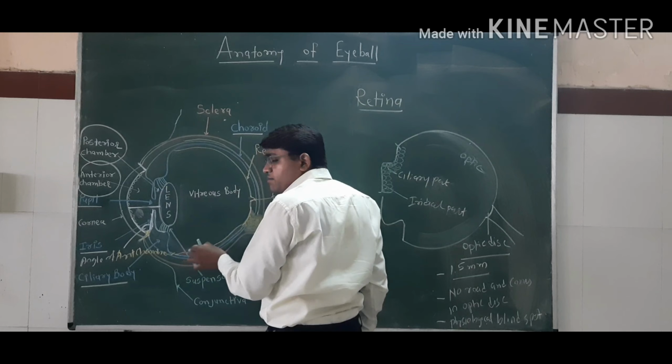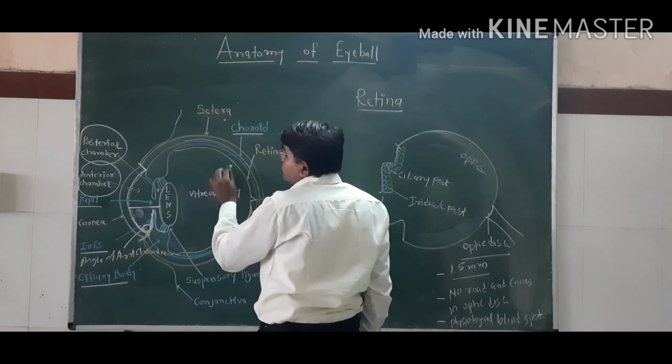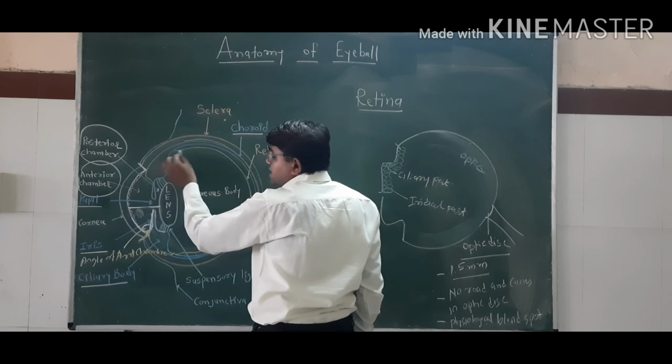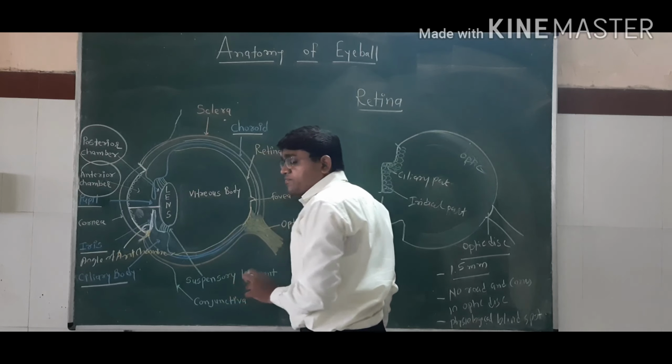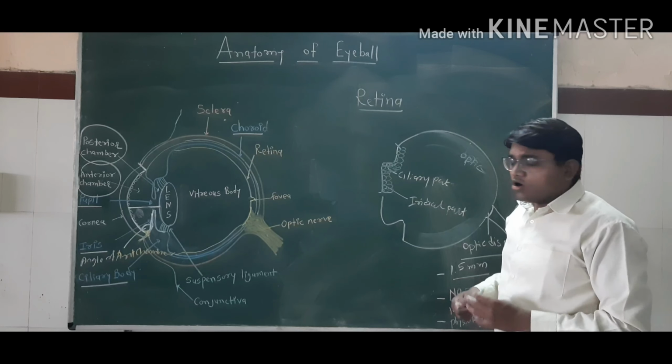In this diagram we have only mentioned this optic part. So the optic part starts from the optic nerve and ends just behind the ciliary body. Only this optic part contains the rods and cones.